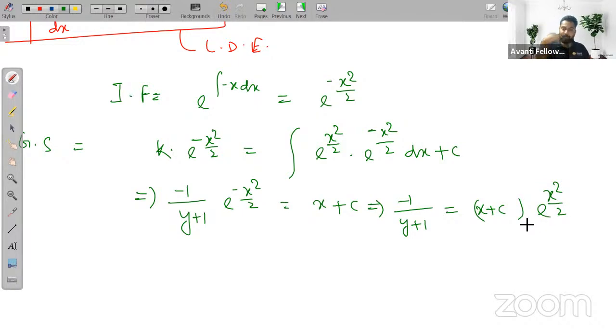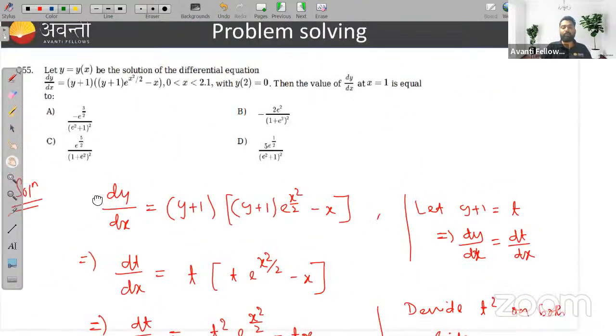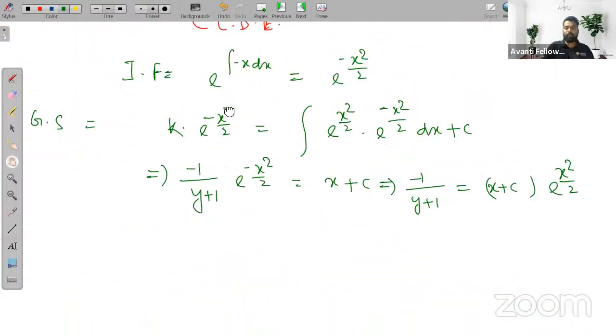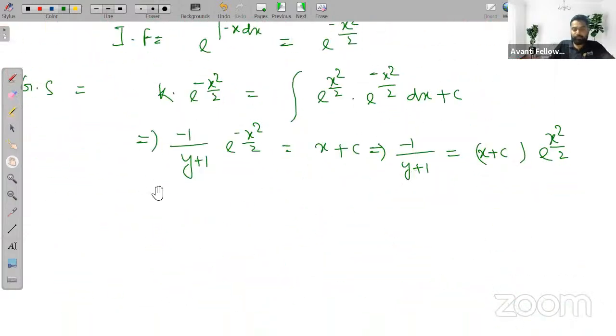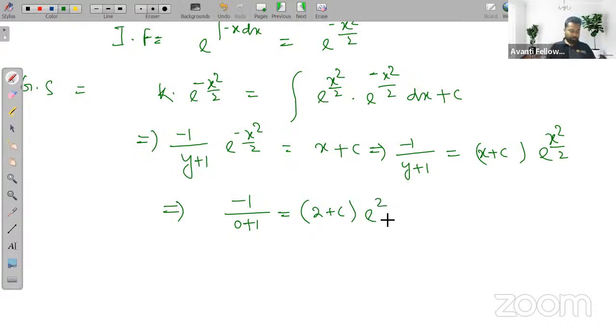Then if you simplify it, we have given in the question y of 2 is equal to 0. If you take x as 2, just take x as 2, and then y was 0, minus 1 upon 0 plus 1. And in place of x, just put 2 plus c into e raised to 2 square, that is 4, 4 by 2 is e square, right?